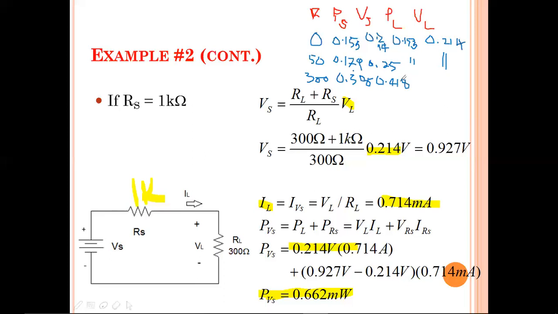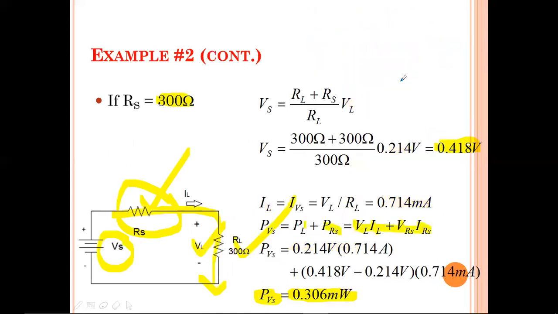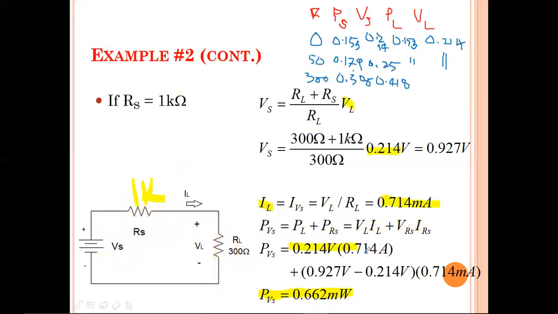Then what about PL? Whatever it is, PL is the same, because it is multiplied with the same 0.214 into 0.74, which is VL and IL. VL is also the same. This should not vary, so I write the same indication by showing these lines.